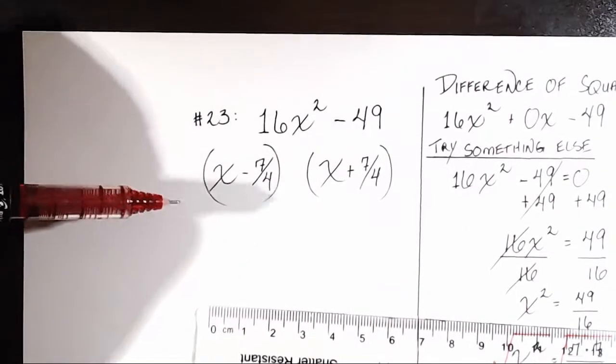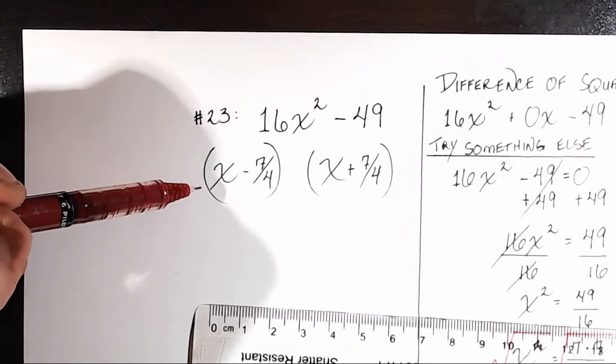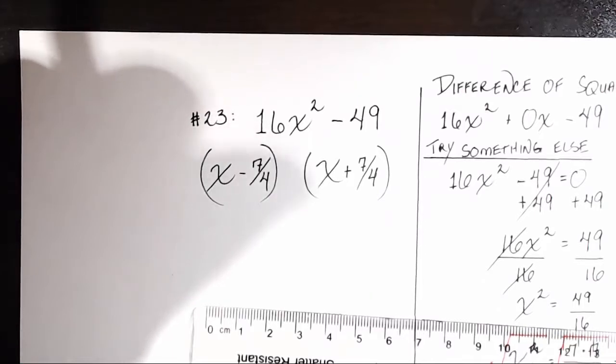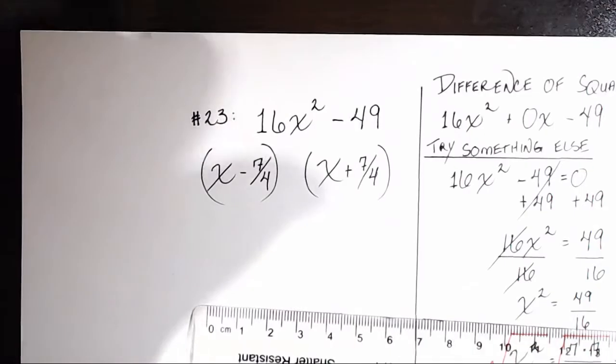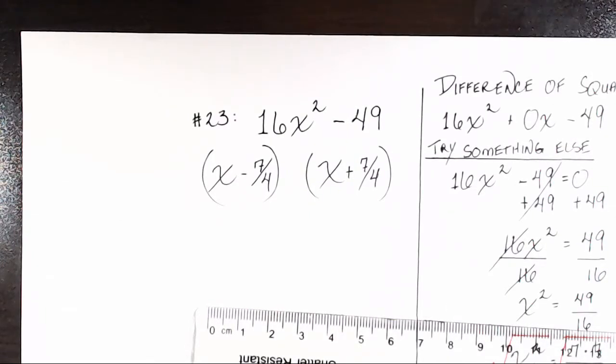Think about how you could rewrite each factor such that you didn't have a fraction in there. Okay?